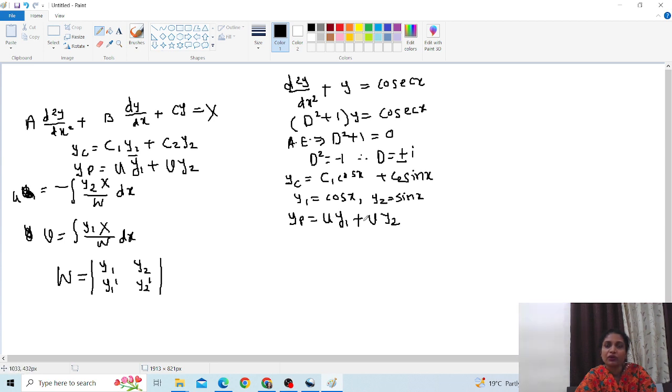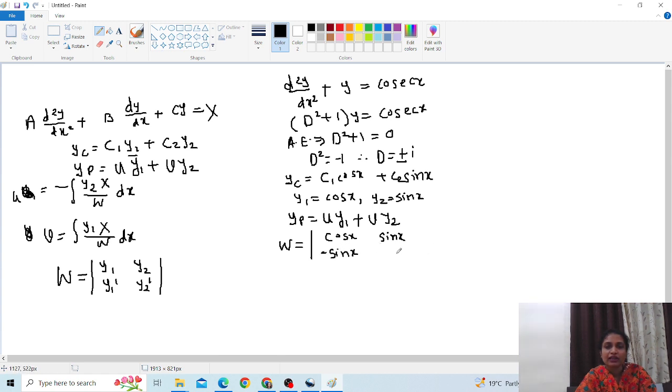Let's find the value of u and v. Once you get value of u and v using these two formulas, you can get the yp for this. So to get the u and v's value, firstly you need to calculate w. So w is equals to the determinant of y1, that is cos x, y2 is sin x. What is derivative of cos x? It's minus sin x.